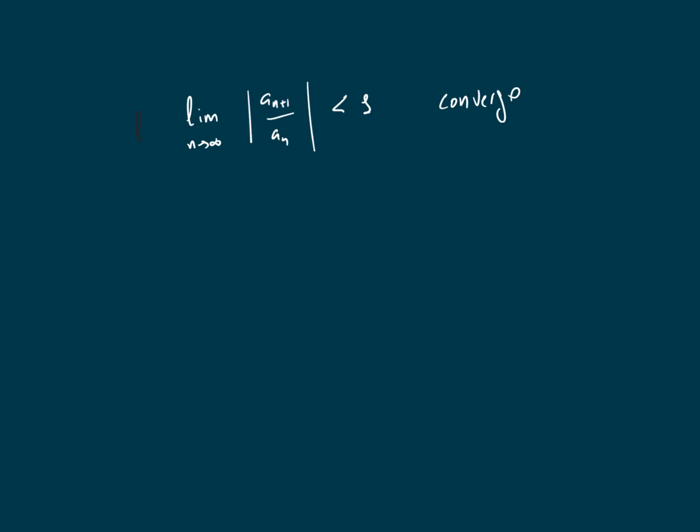If it is bigger than 1, the series diverges. And if it equals 1, it's inconclusive. So we need to do it by hand and see what happens at the endpoints of the interval of convergence.